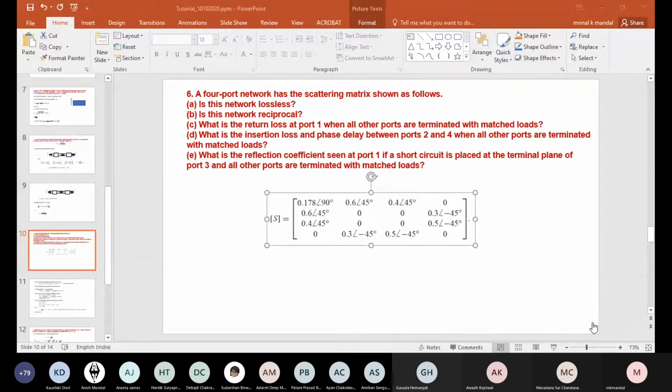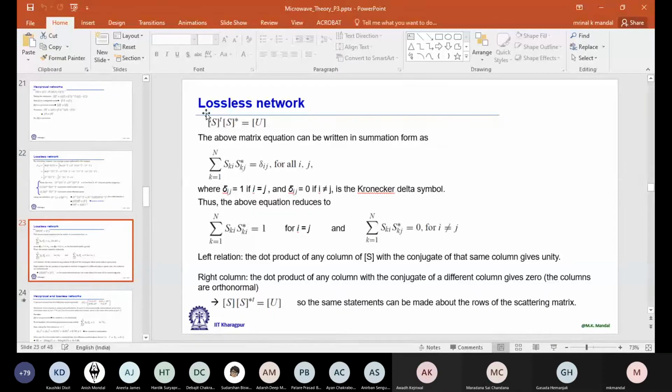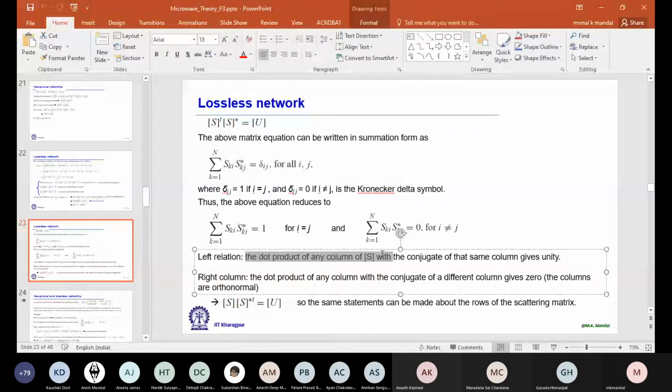Let me share the previous slide. You see here, for a lossless network, the dot product of any column of S with the conjugate of that same column gives unity.